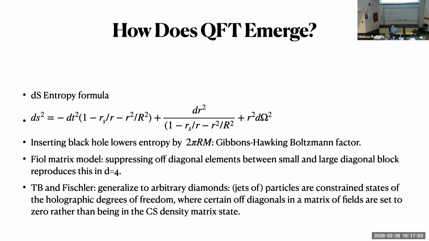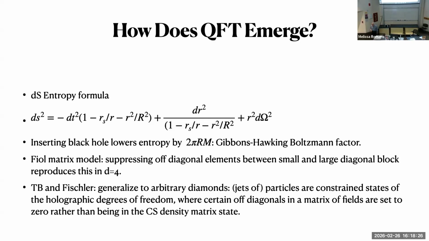Now, when I look at the black hole in de Sitter space, you don't have to even know too much about general relativity to do the calculation that I'm going to tell you to do. The horizon of the black hole is given by zeros of this function over here. And as you can see, solving for those zeros reduces to solving for the zeros of a cubic polynomial.